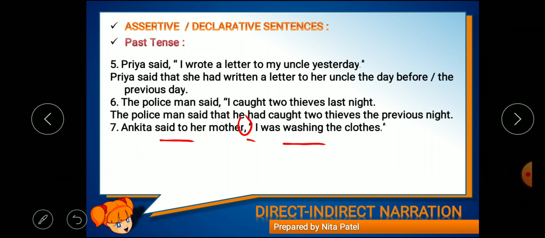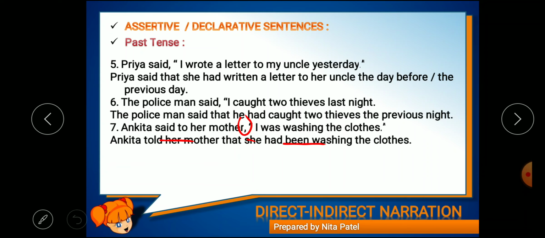So she had been washing the clothes. Ankita told her mother that she had been washing the clothes. I have underlined these changes. You can notice here.